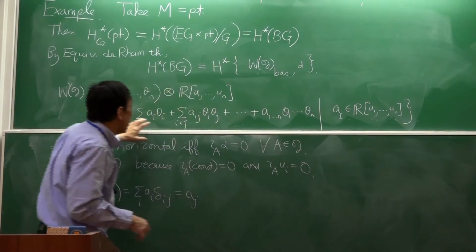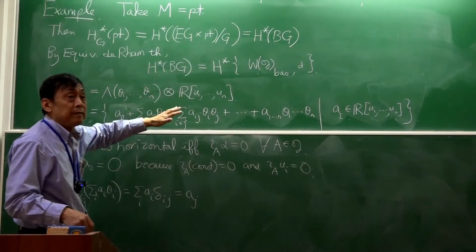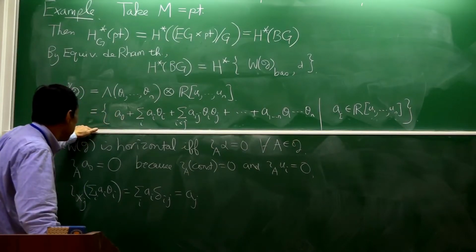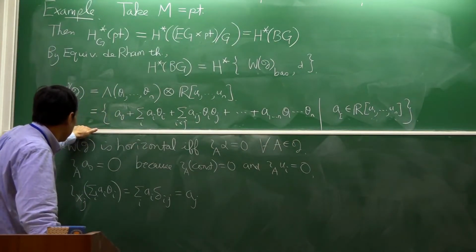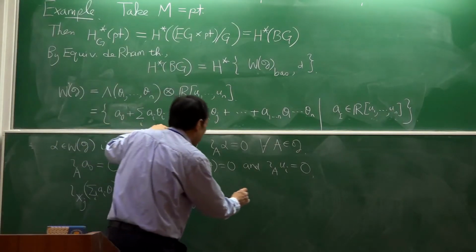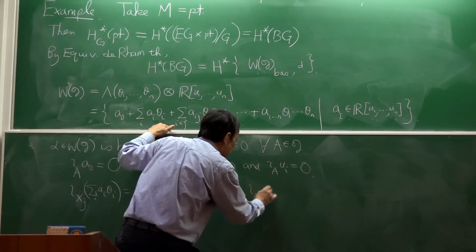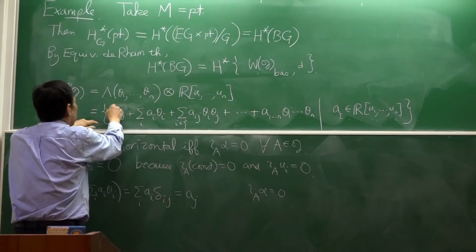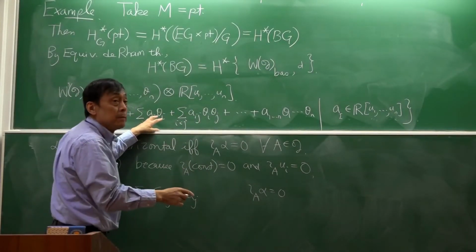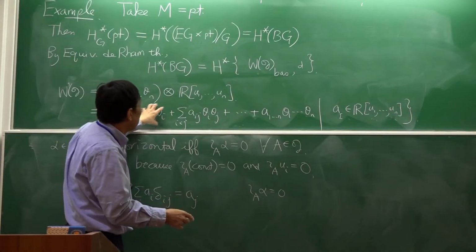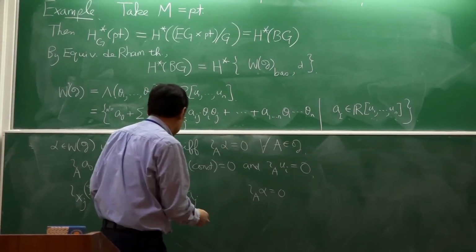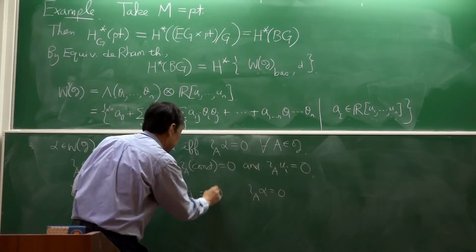The theta i's form a basis. So if IA of alpha is 0, and this is your alpha, then IA of each one of them has to be 0 because they can't cancel each other out.